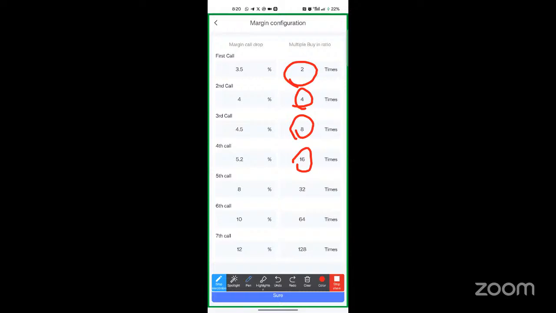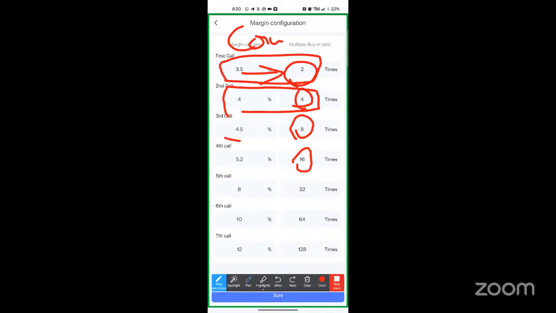Because, number one, whenever the coin goes down and the robot doubles your purchases, it increases the number of coins bought. Do you think the number of coins bought here and here and here and there are the same?